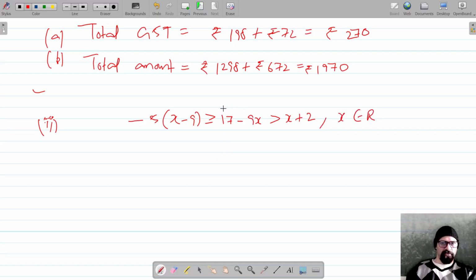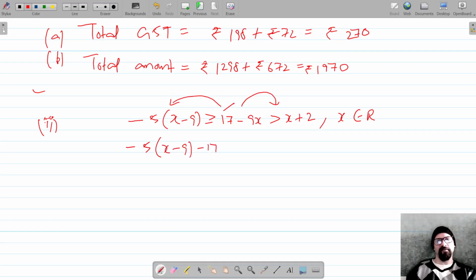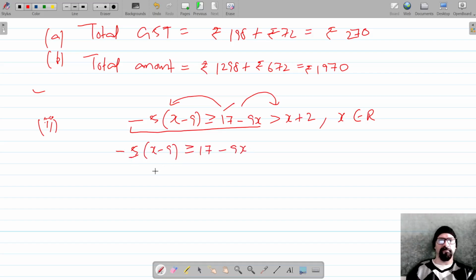Okay, so I'm going to split this up. Let me consider this inequality first. So this is minus 5 into x minus 9 greater than or equal to 17 minus 9x.